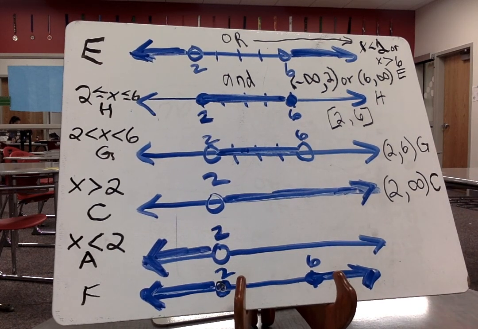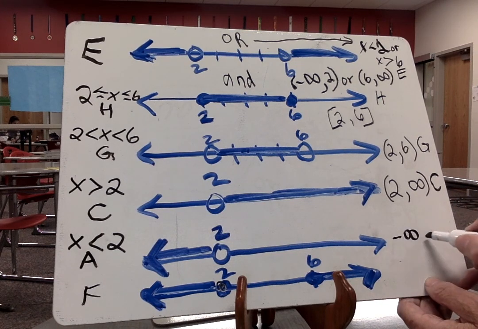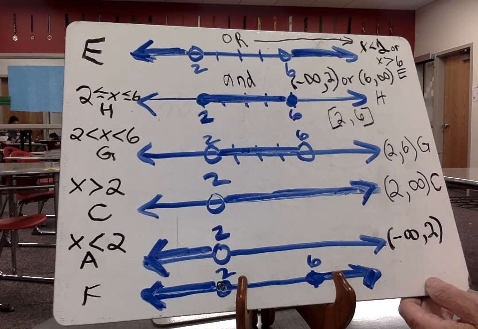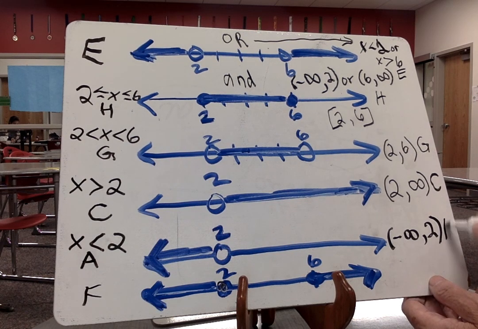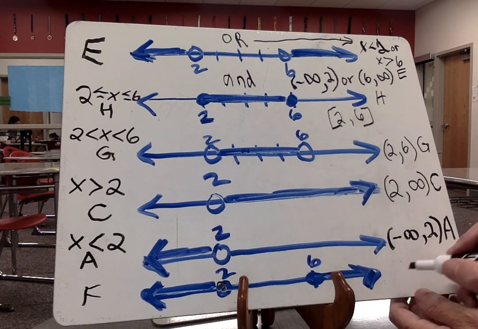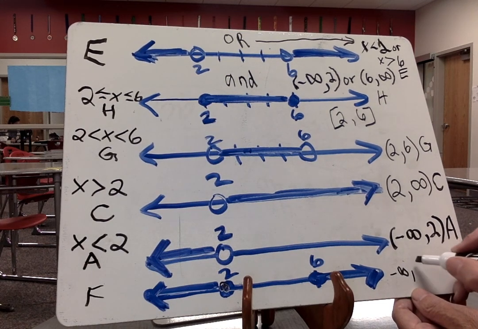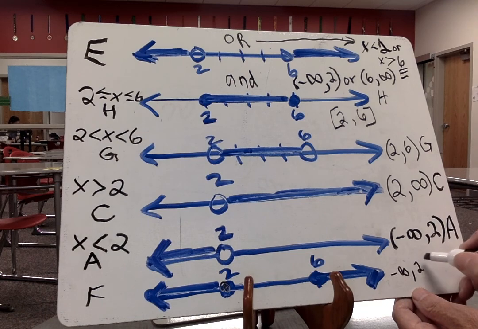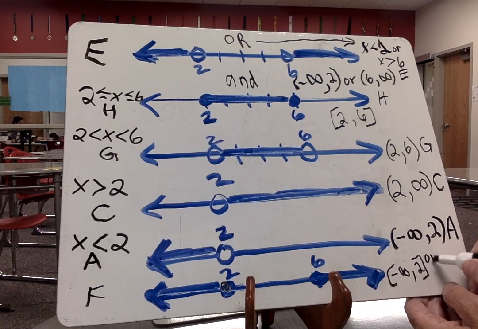Okay? All right, so the next one, x is less than 2, so it goes to negative infinity, comma 2, and that's going to be a parenthesis and parenthesis for that. So wherever you see that, that is going to be A. Next one, it's going to be including negative infinity, comma 2, and 2 is included, so it's a bracket, and because they're separated, it's an or.